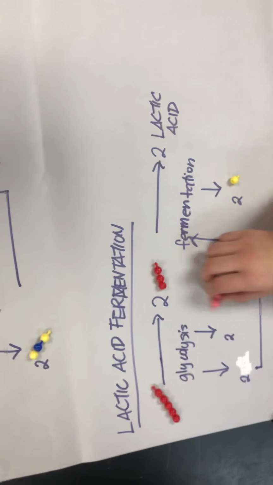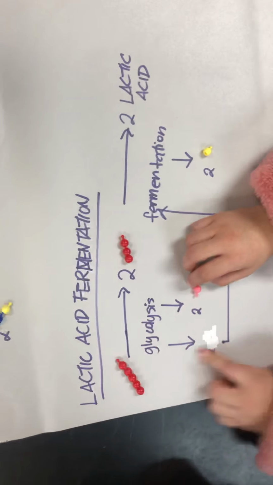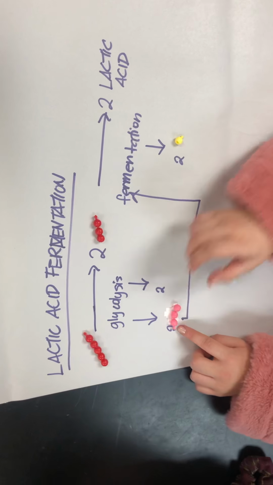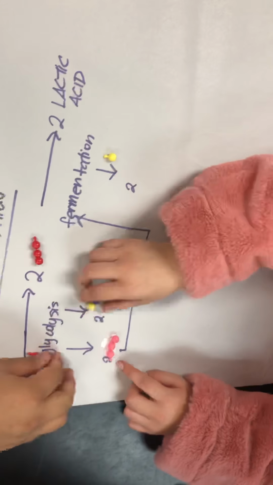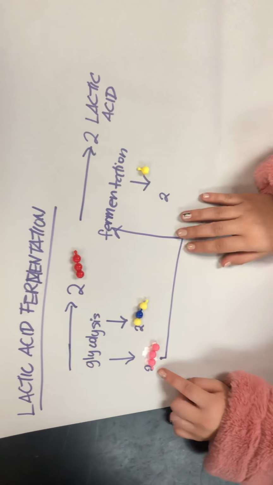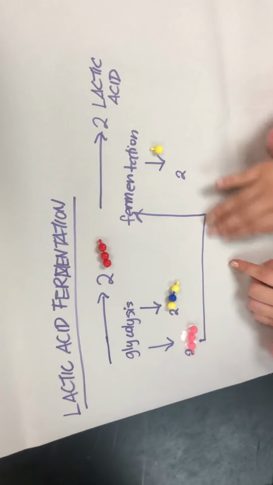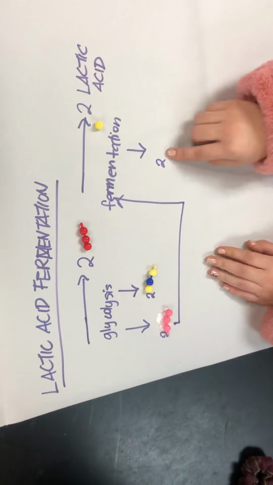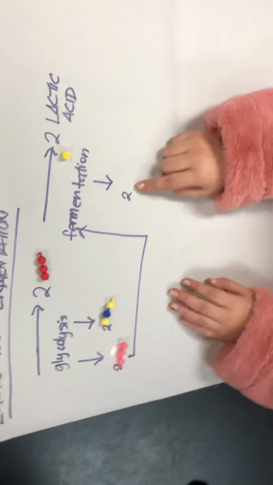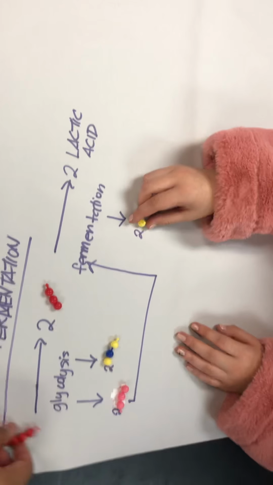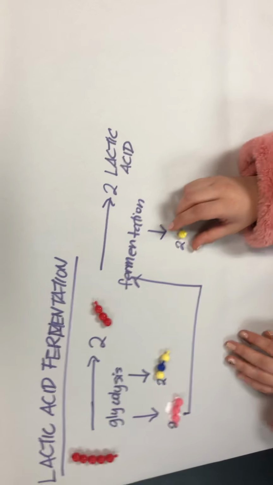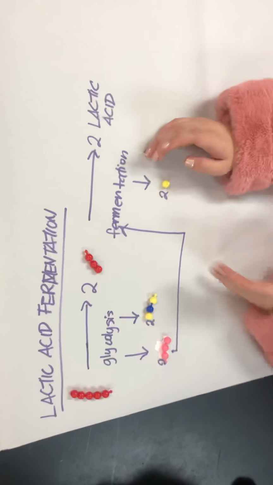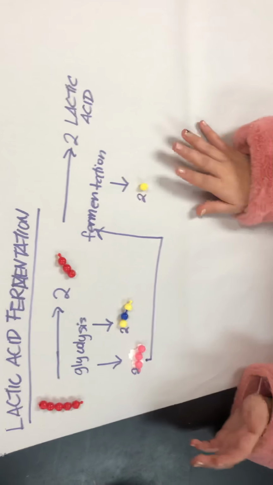From glycolysis you produce 2 ATP and 2 NADH, which then go to fermentation. It produces 2 ATP through glycolysis, not fermentation. And from lactic acid fermentation you produce 2 NAD plus.